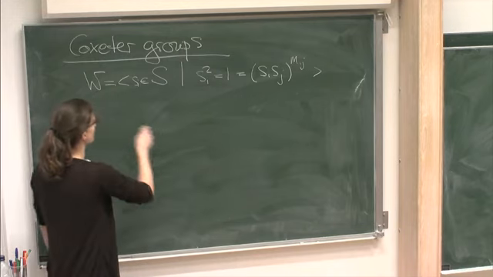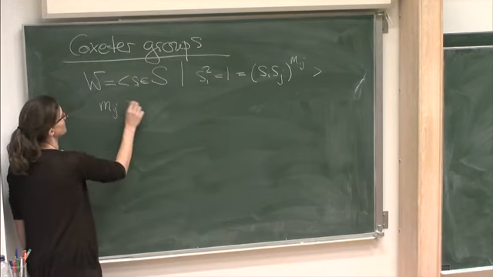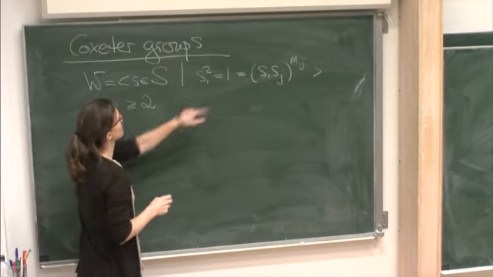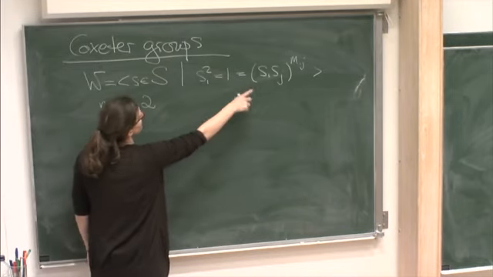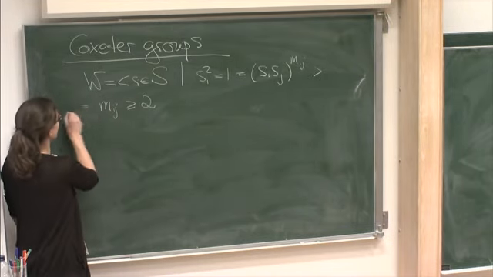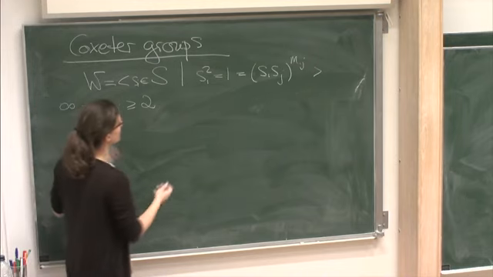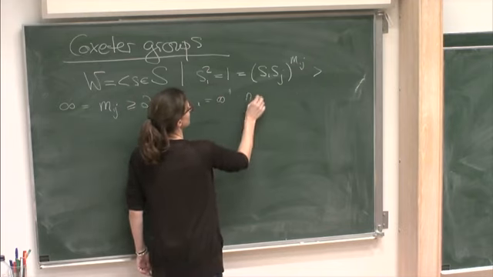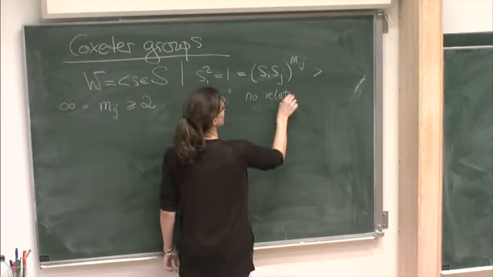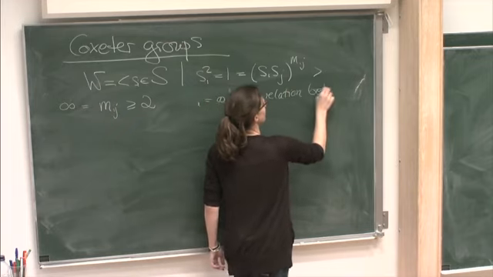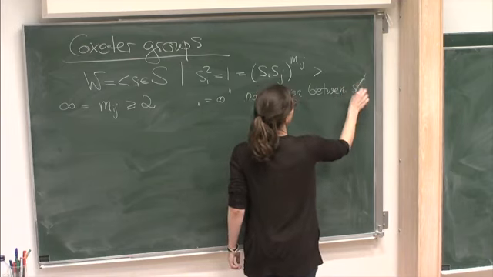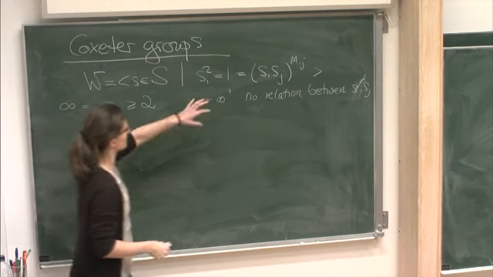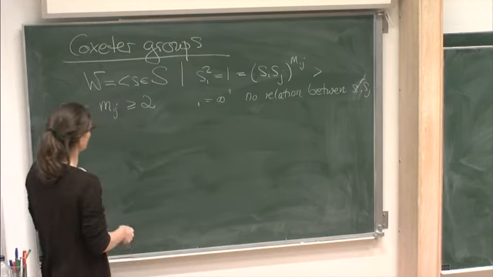There are slight conditions on the m_ij. They're greater or equal to 2, and they're 2 in particular if i equals j. But they also can be equal to infinity, and by infinity we mean there's no relation between s_i and s_j. So you get a matrix describing these exponents.